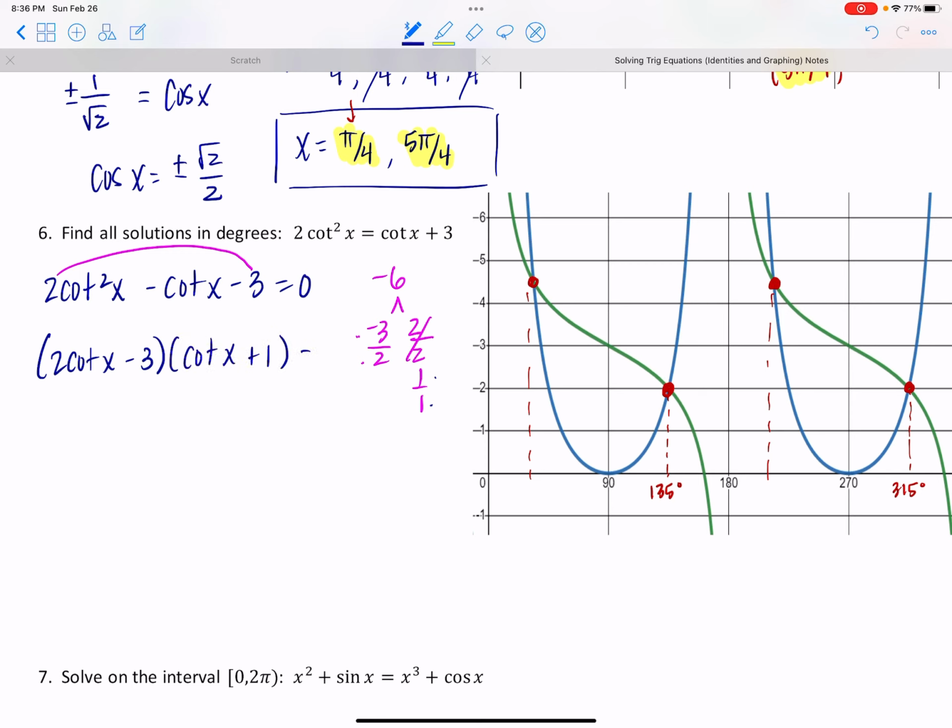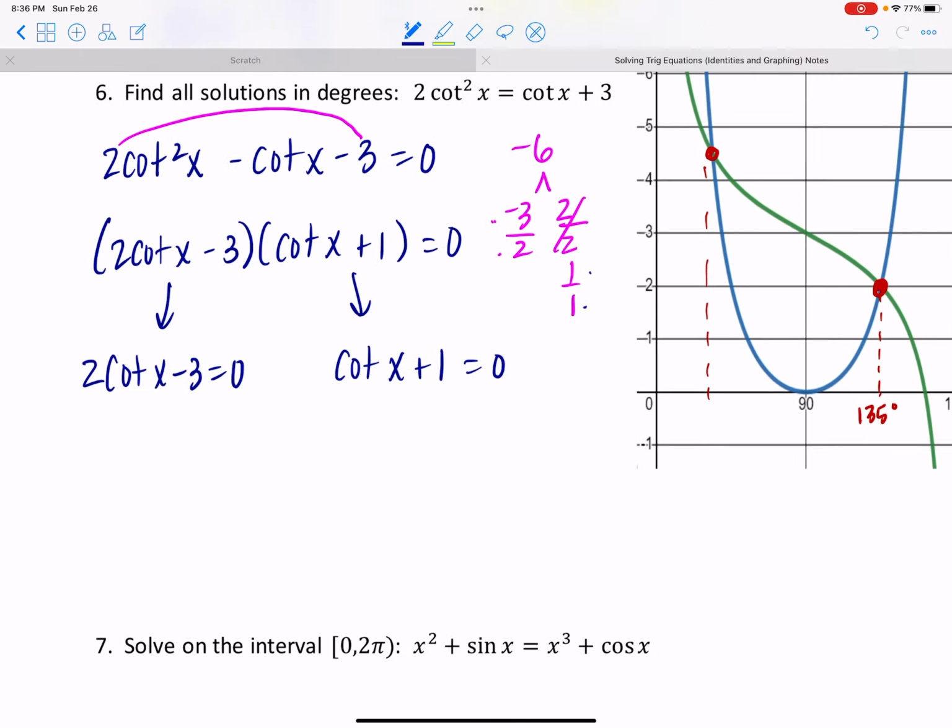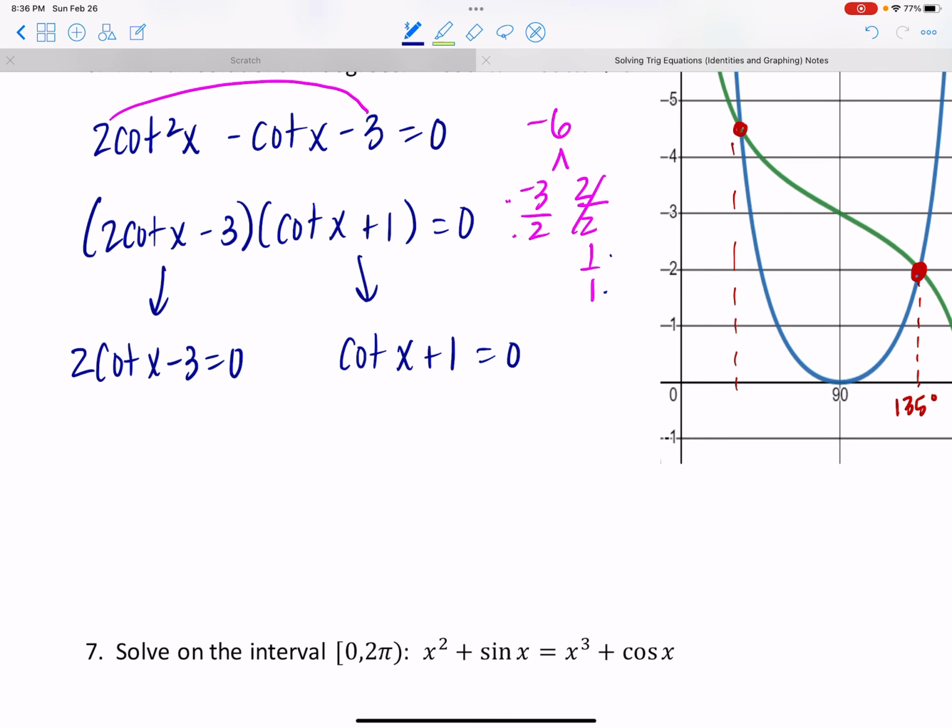And so I want to know, where is the 2 cotangent of x minus 3 going to equal 0? And where is the cotangent of x plus 1 going to equal 0? So on this first one, I would have to add over the 3, and then divide over the 2. So I'd be looking for the cotangent of x to be equal to 3 halves.